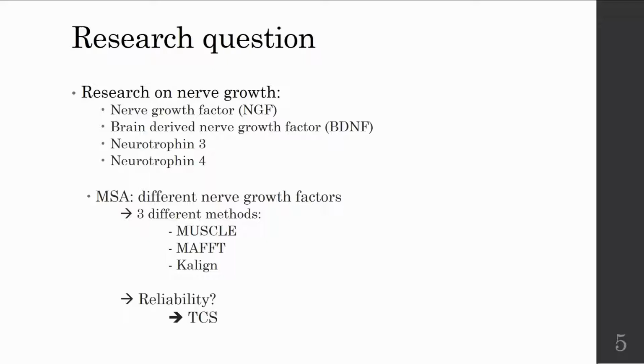They used MUSCLE, MAFFT, and Kalign, which are very commonly used methods because they are considered fast aligners, but also having a high accuracy. Now, they asked which of these methods is the most reliable one, and we are going to use TCS to see if we can quantify this and find the most reliable method.